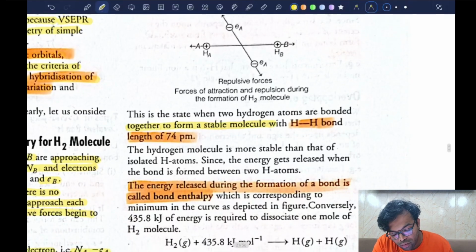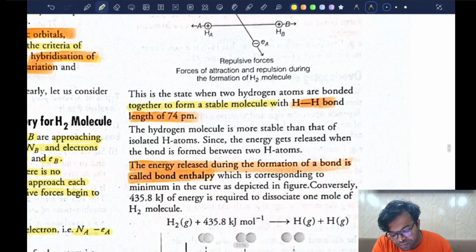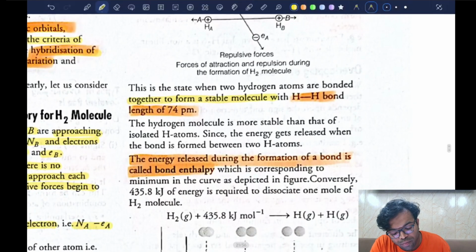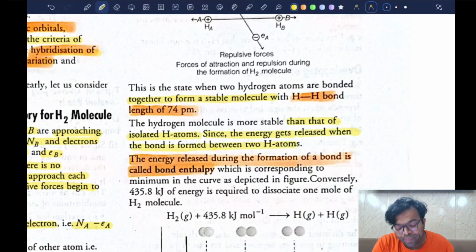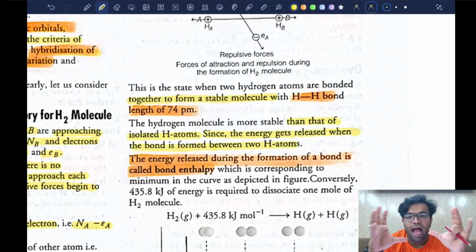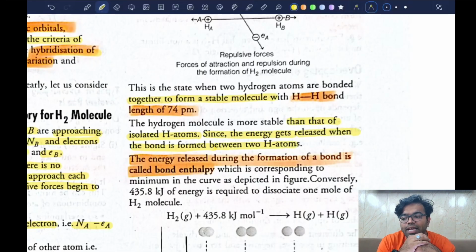The bond length in the hydrogen molecule is 74 picometers. Picometers means 10 to the power minus 12 meters. Now, the hydrogen molecule is more stable than the isolated hydrogen atom, since energy gets released when the bond is formed between the two hydrogen atoms. Two hydrogen atoms, when they were not bonded together, were at a higher energy level.